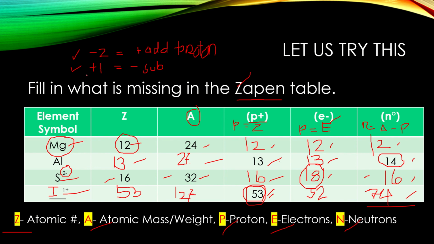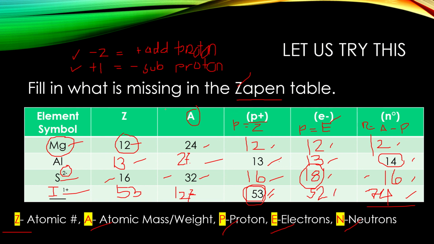But if it's positively charged, you need to subtract it from the proton. So you need to subtract positive 1 from the number of protons of iodine. The number of protons of iodine is 53. So all you need to do is to subtract positive 1 from 53. So we have 52.